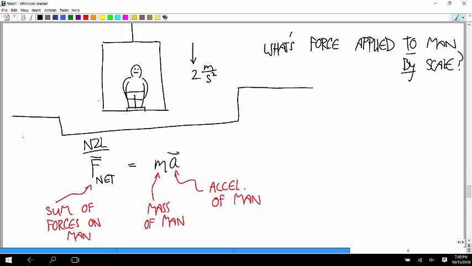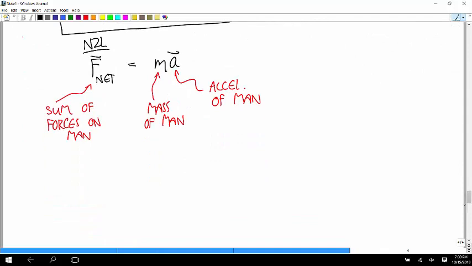Okay, so let's figure out what we know about this stuff. For the sum of the forces, first there's the force applied by gravity, the weight force. And do we know what that is? Yep. So the fact that he's on an elevator doesn't have any effect on that. Gravity just always does the same thing. So that's going to be equal to 0, negative 981. And the units for force are newtons.